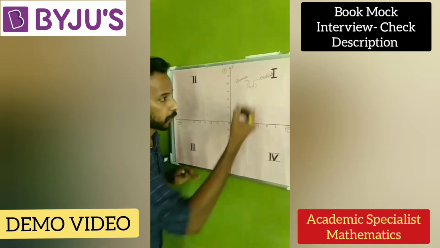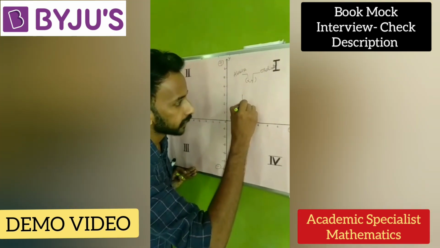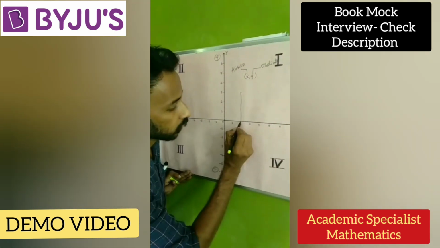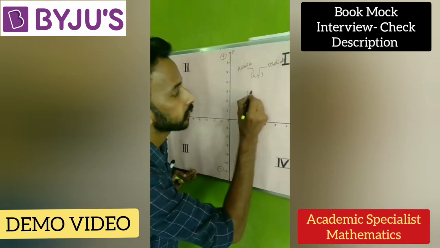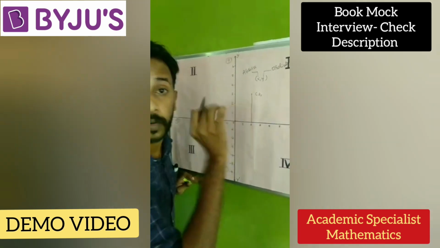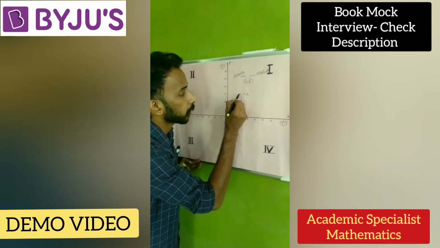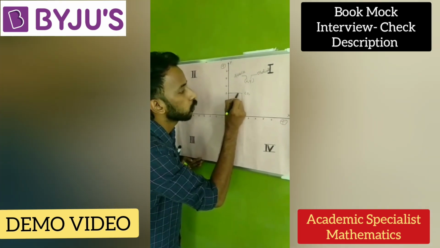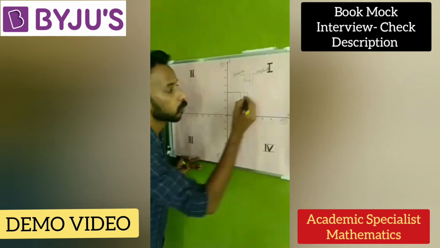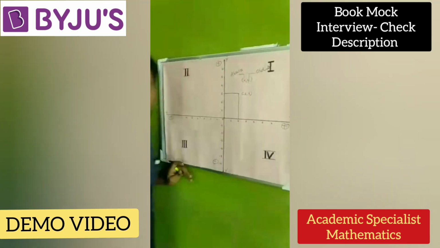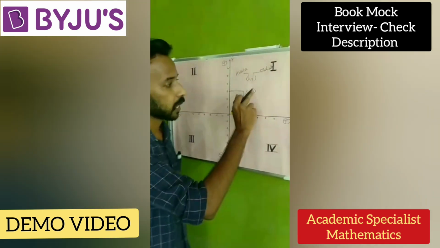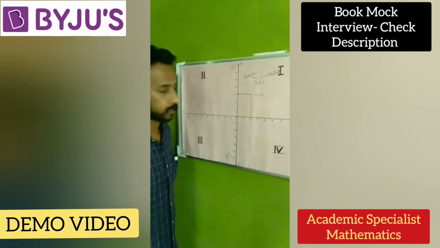If we draw a perpendicular to the x-axis, we get the point 2 on the x-axis. That is the x coordinate of that particular point. Similarly, if we draw a perpendicular to the y-axis, we get 3 on the y-axis, that is the y coordinate. Here 2 is the abscissa and 3 is the ordinate.